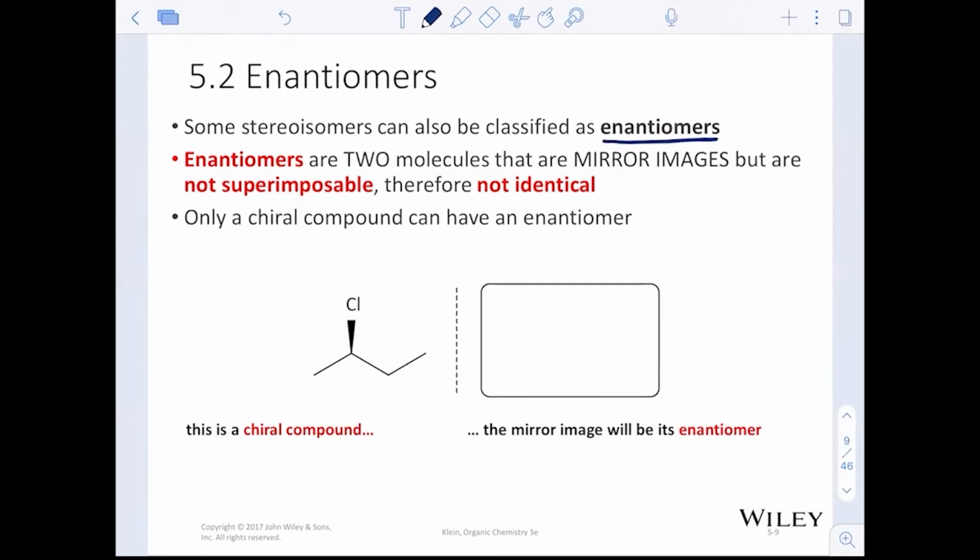So how do we draw it? The first way, very, very easy. Here's your molecule, one molecule. And we want to draw the mirror image in this box. Now let's imagine that this is a mirror. You can practice this in your own home, right? We're going to start by drawing the exact thing that we see. Start here.